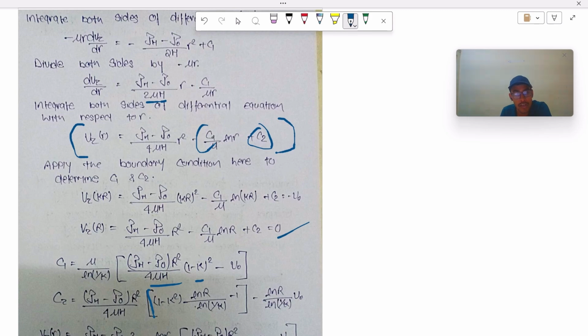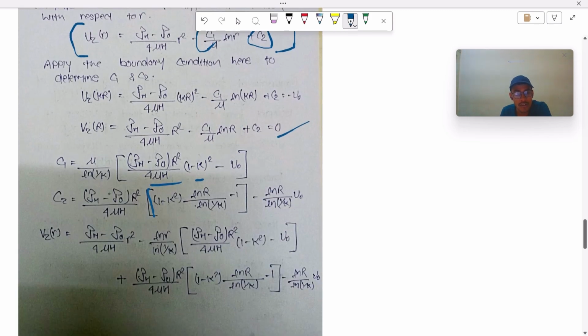So now putting the values of the boundary condition in this expression, we will get the expression of our final velocity profile, which is a function of r.